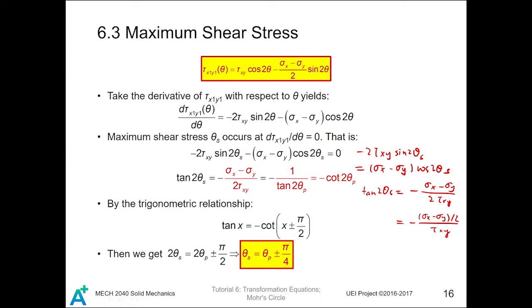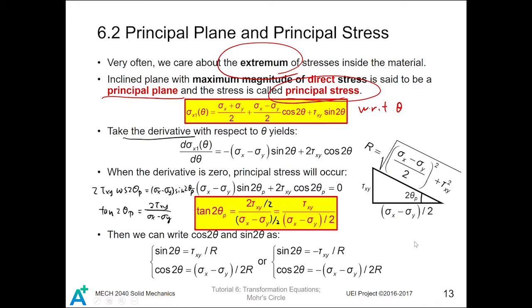Let's compare this result with what we have got just now. Just now, we got tangent 2 theta p equals tau xy divided by ((sigma x minus sigma y) / 2). Now we have tangent 2 theta s equals minus ((sigma x minus sigma y) / 2) divided by tau xy.